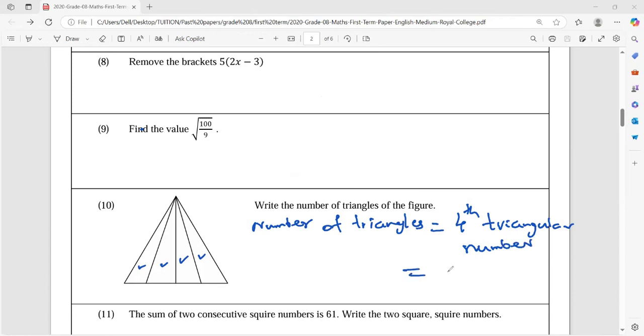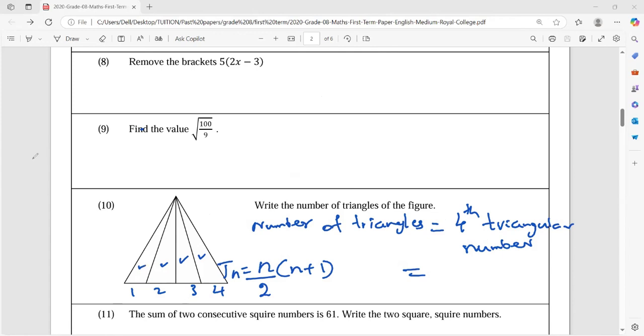Right? So we have a formula for the triangular numbers, which is equal to n divided by 2 into n plus 1. Here n is 4 because there are 4 small triangles.